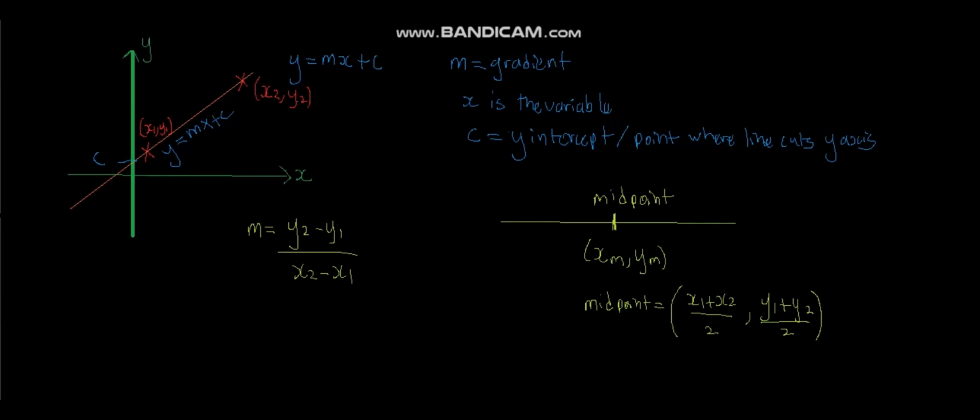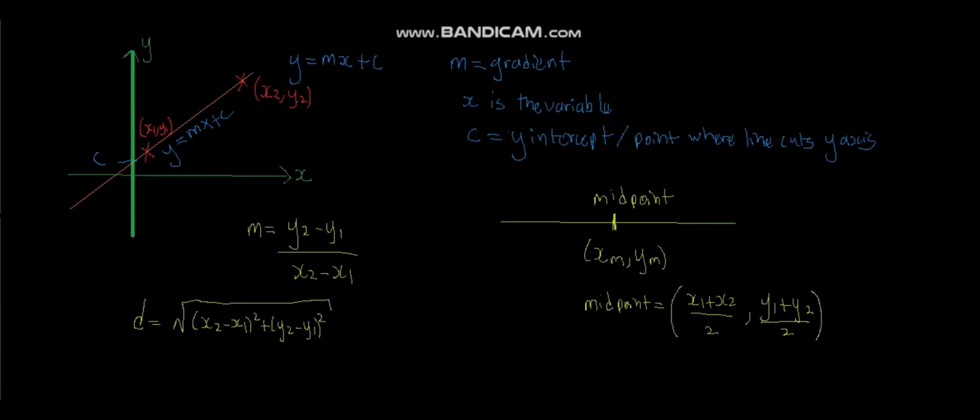So, using the Cartesian plane first drawn and the x1, y1, x2, y2 notation, the distance between those 2 points would be the square root of x2 minus x1 all squared plus y2 minus y1 all squared.